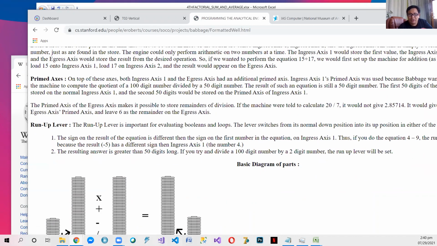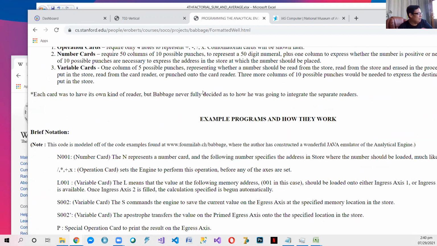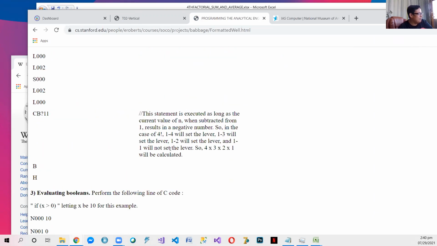No, because 0 is not a non-negative. Do you follow? Now, dito on Charles Babbage, no? 1 minus 1 will work. Do you follow? Di ba? 1 minus 1 will work. Because it will not set the lever. Jump if set man yan, di ba?